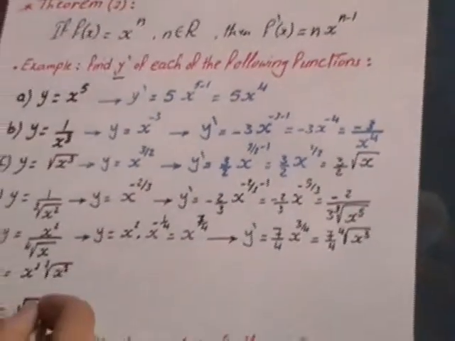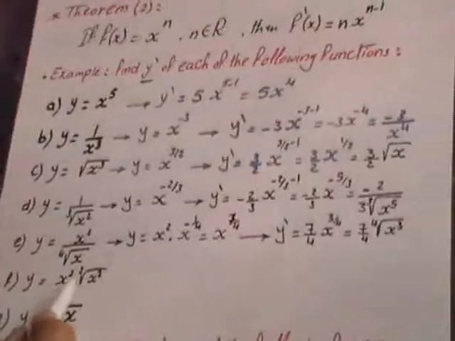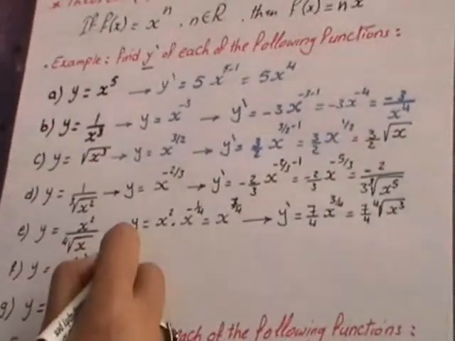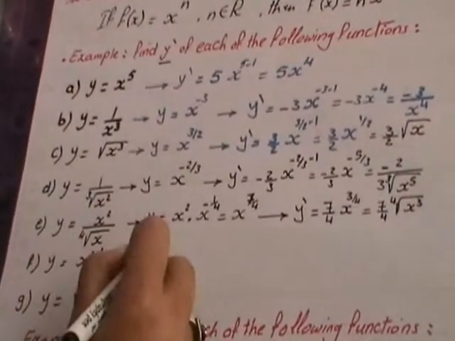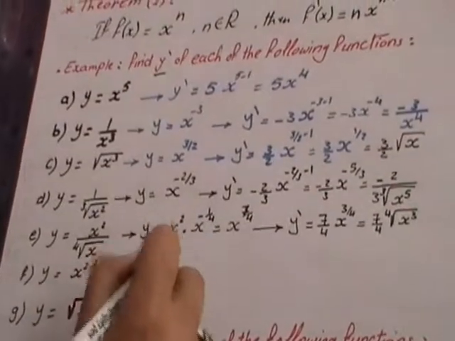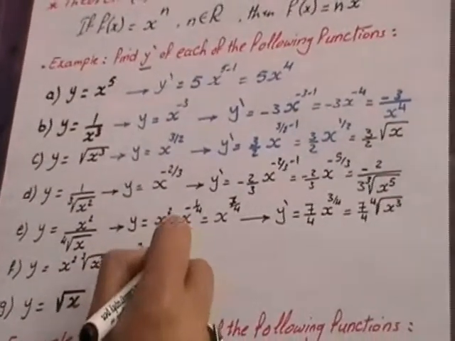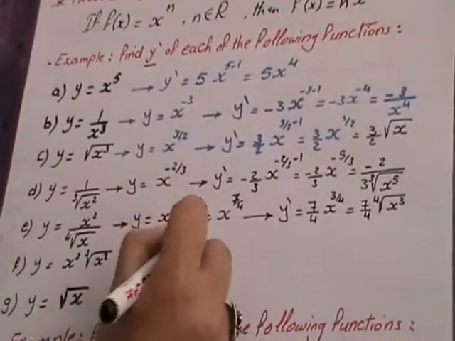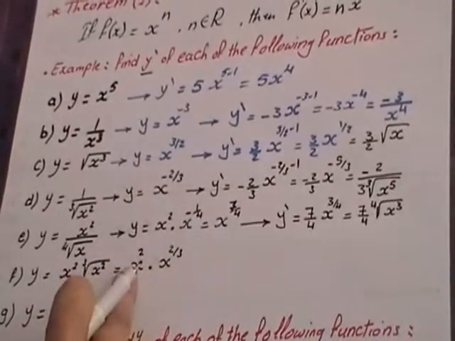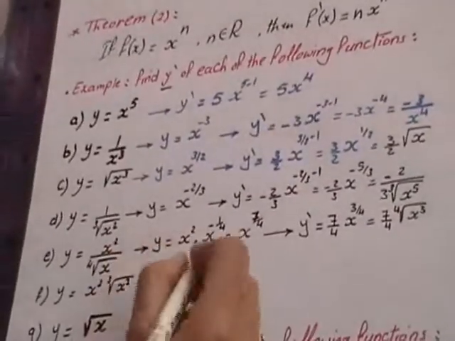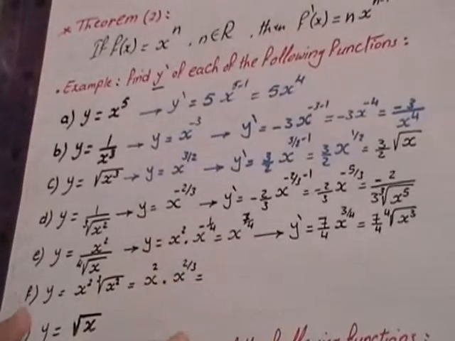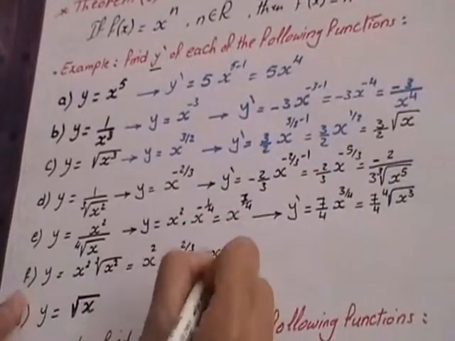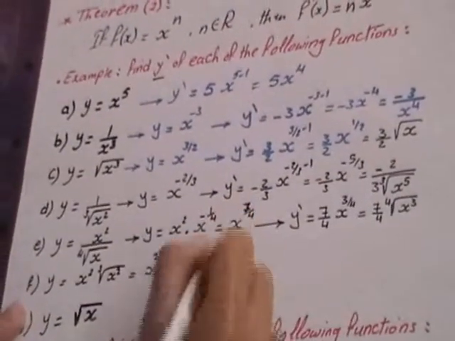Then we have another example, y equals x power 2 times cubic root x power 2. We must put it in the simplest form. X power 2 multiplied by x power 2 over 3, the inner power 2 and the outer power 3. We have the same base, so we must add the powers. The simplest form of the function is y equals x power 8 over 3.